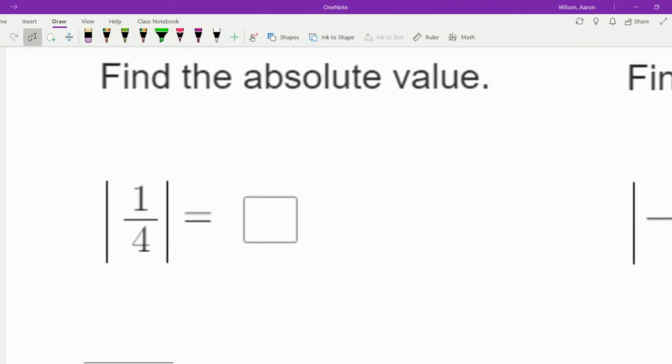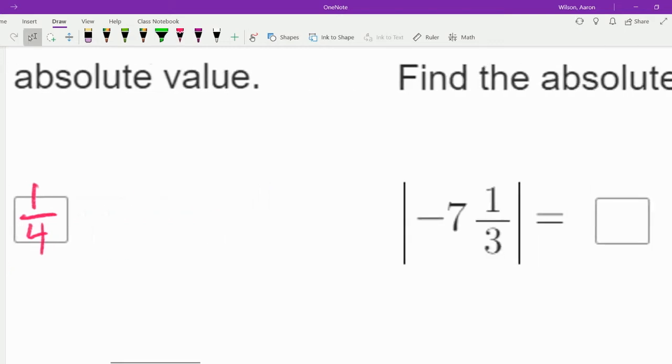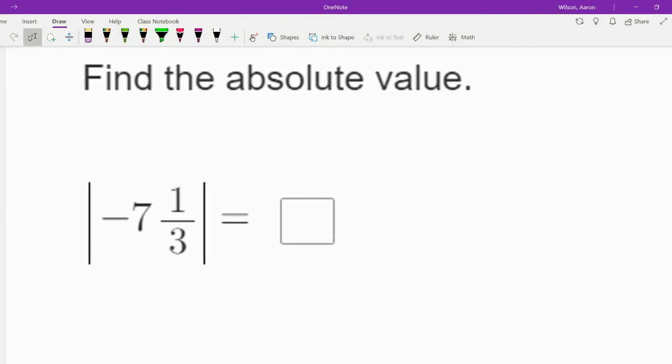On to the next one, we can even deal with rational numbers. This reads, what is the absolute value of 1/4? How far away is 1/4 from 0? 1/4 is simply 1/4 away from 0. So that's dealing with rational numbers like fractions and decimals. We can even get into negatives.